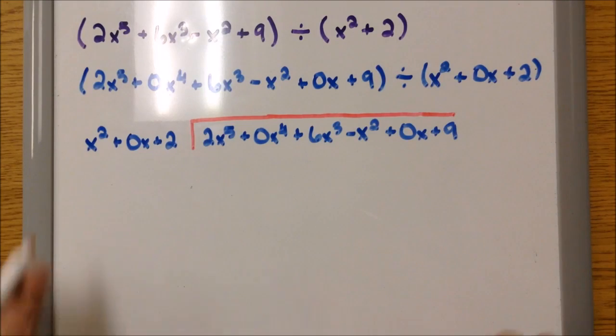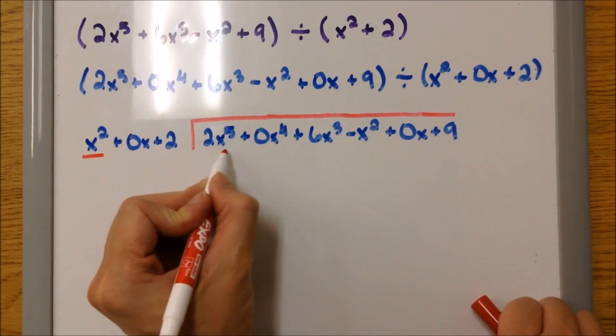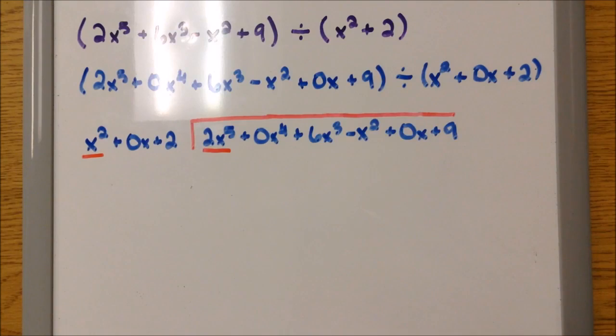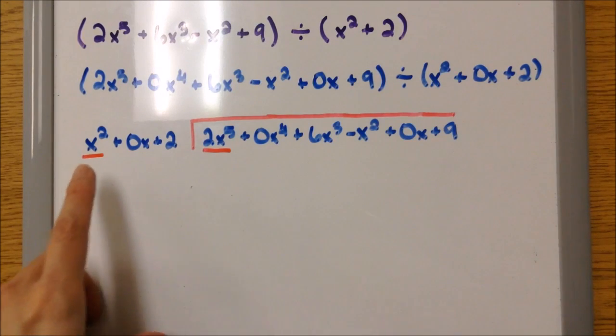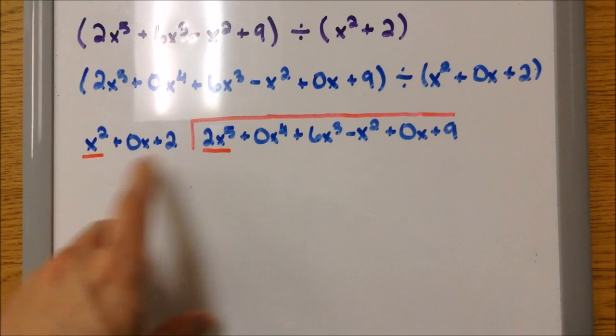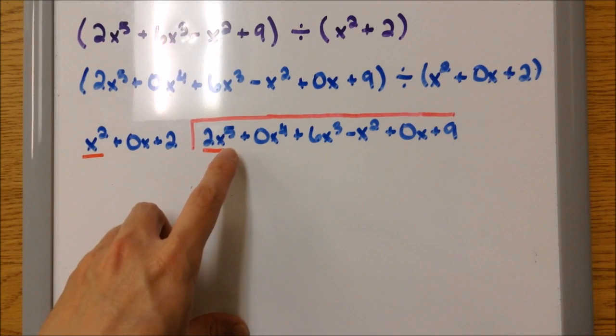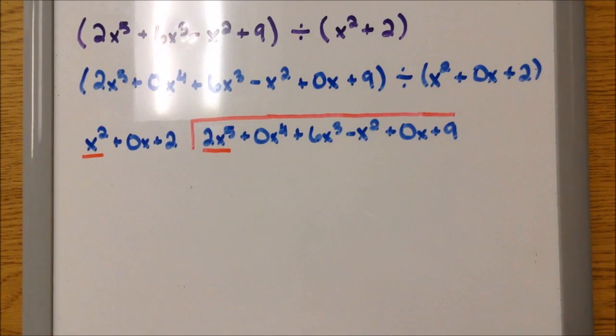So our first step is we're going to take a look at x squared and 2x to the fifth. Since I have little room, I'm basically going to do this in my head, but I'm doing the same process as the previous two videos. So x squared goes into 2x to the fifth 2x to the third times.